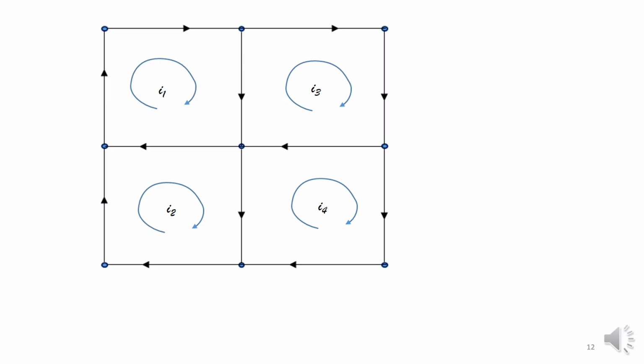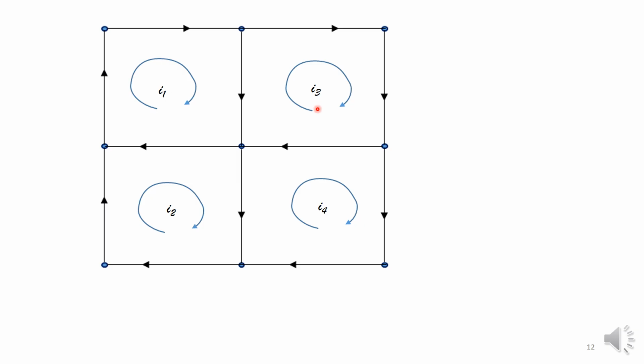Here we will find the contribution of the loop currents to each branch. First, we give an arbitrary orientation to the branches. By this we mean we put a direction on the edges. These arrows indicate a particular direction.